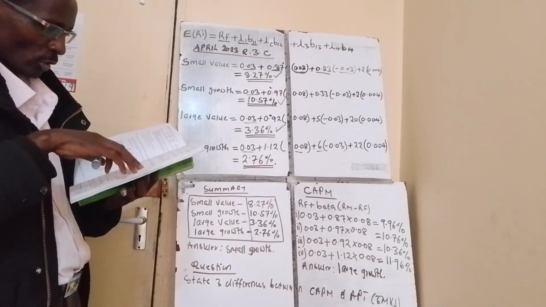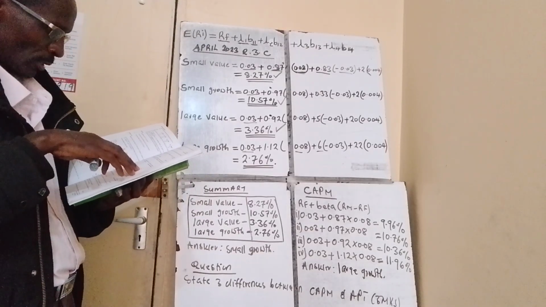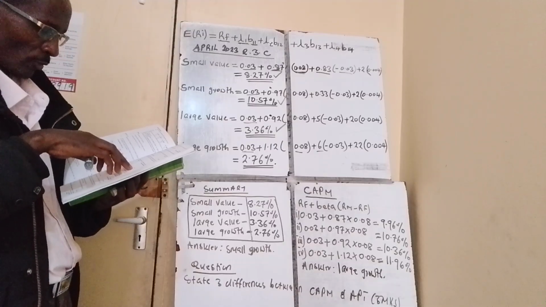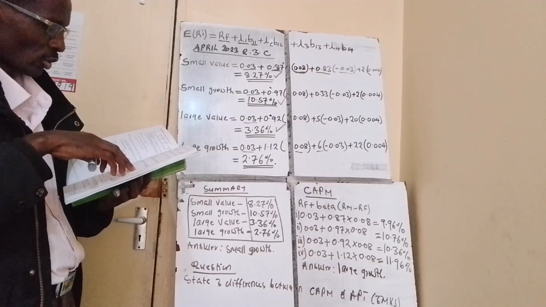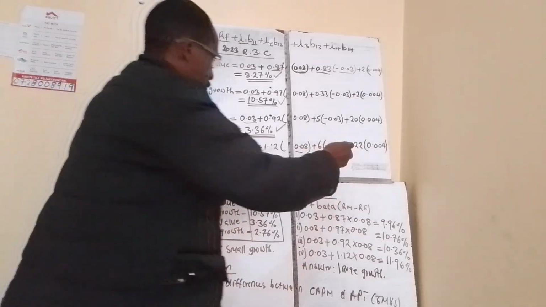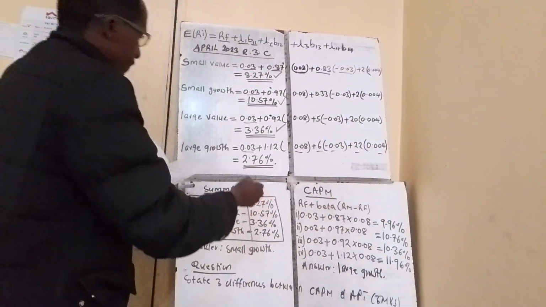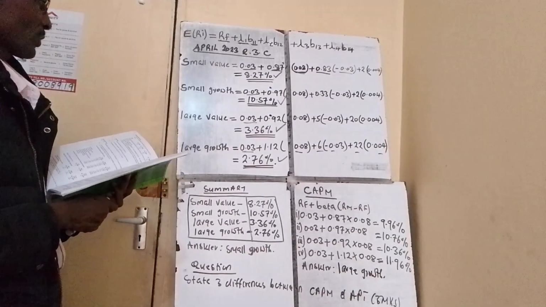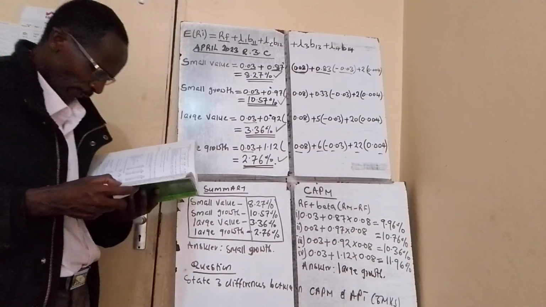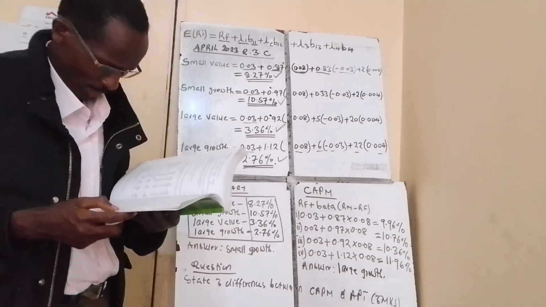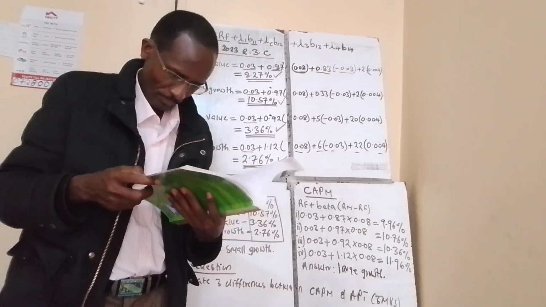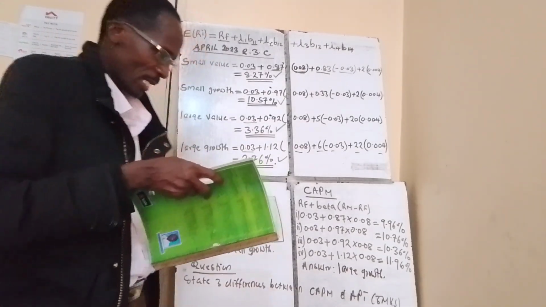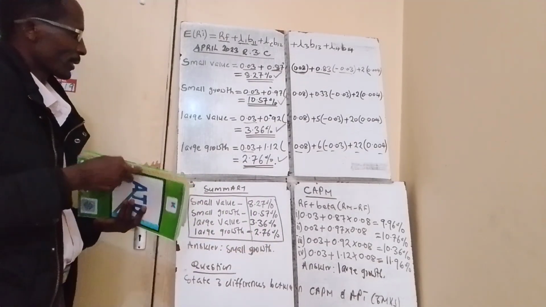Then you plus sensitivity to factor 3, which is 22, times 0.004. Those figures are all given there. You sum up, you get 2.76%.